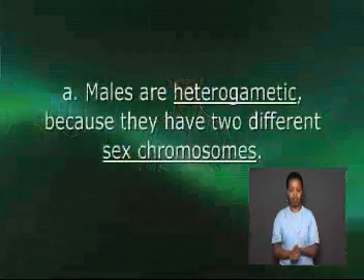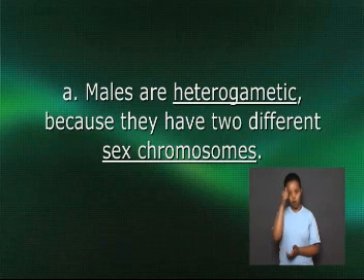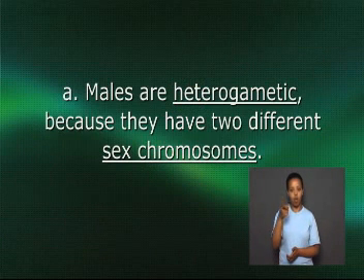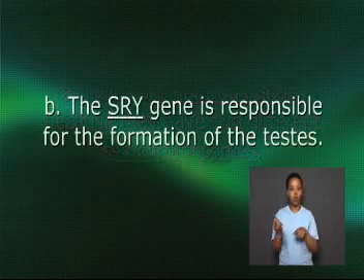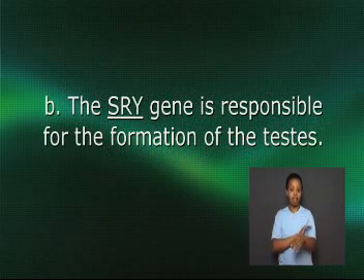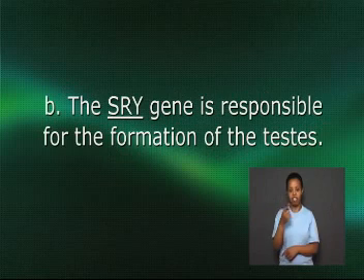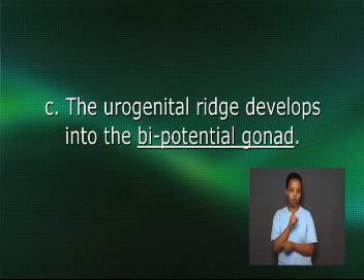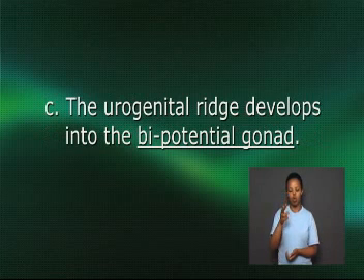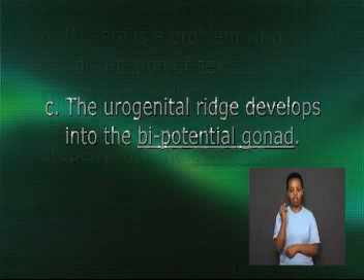Hello again. Let us go over your answers together. Males are heterogametic because they have two different sex chromosomes. The SRY gene is responsible for the formation of the testes. The urogenital ridge develops into the bipotential gonad.